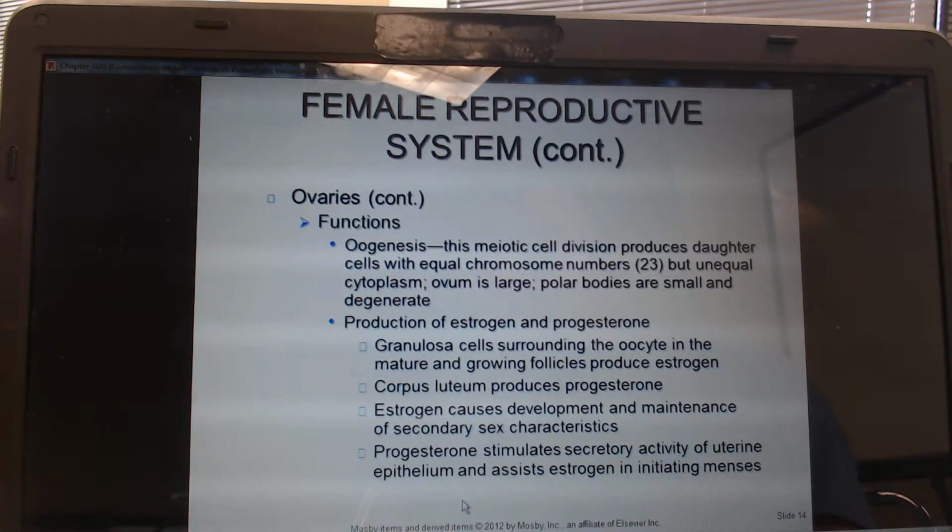Estrogen causes development and maintenance of the secondary sexual characteristics: increased body fat in the breast tissue and on the hips, widening of the hip girdle for childbirth, and breast development in general, meaning the ducts that would ultimately nourish the infant. Progesterone stimulates secretory activity of the uterine epithelium and assists estrogen in initiating the menses.